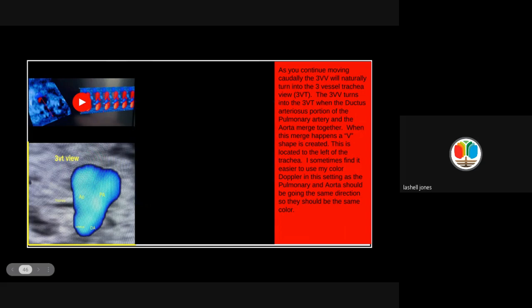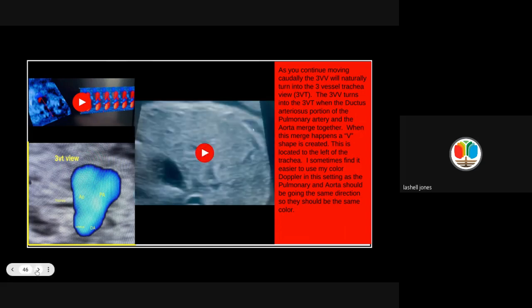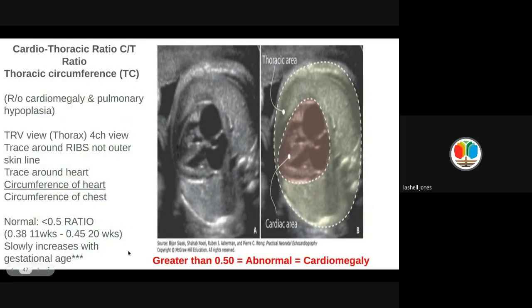All right, perfect. So for your exam, you will need to know the difference between the cardiothoracic ratio as well as the thoracic abdominal ratio. Let's go over the difference here.